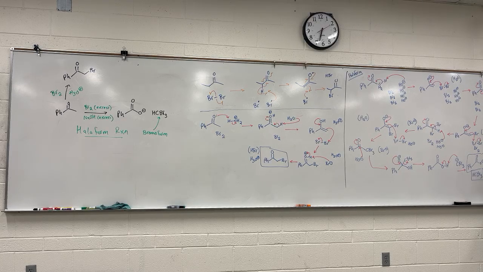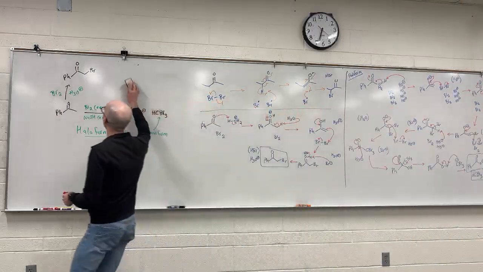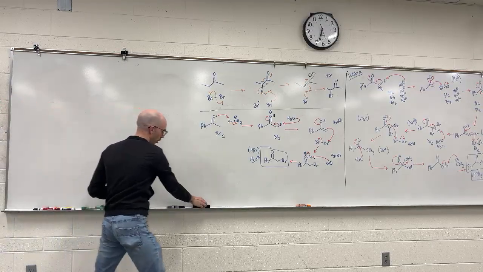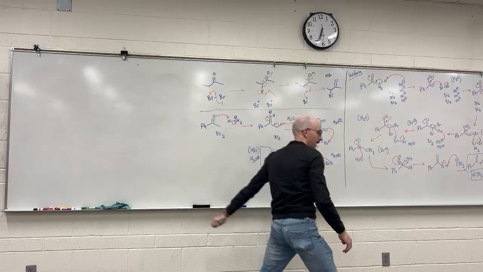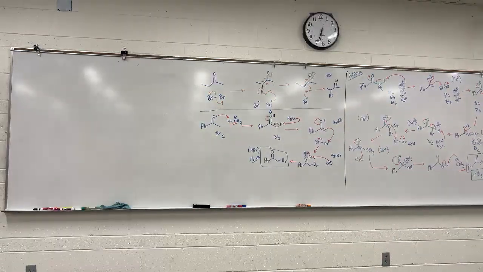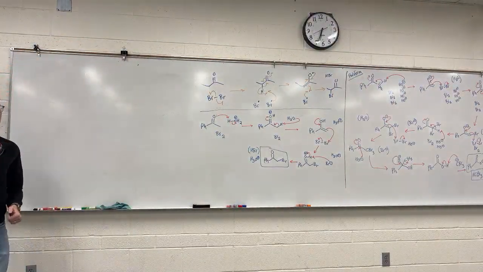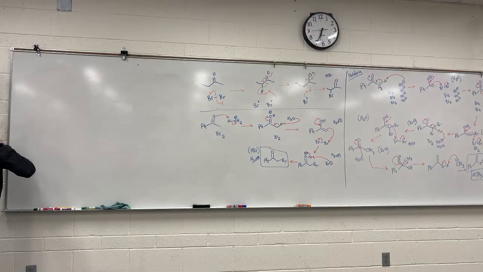All right, cool. Let's talk about a few more reactions down here on the bottom right before the put it to work part. These are also alpha substitution reactions, but you'll notice that now we're using our acetoacetic ester, acetoacetate ester.